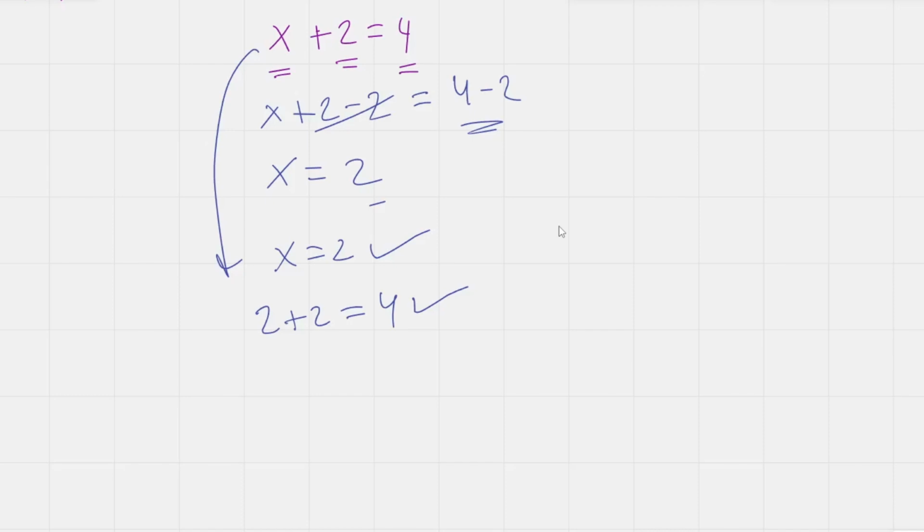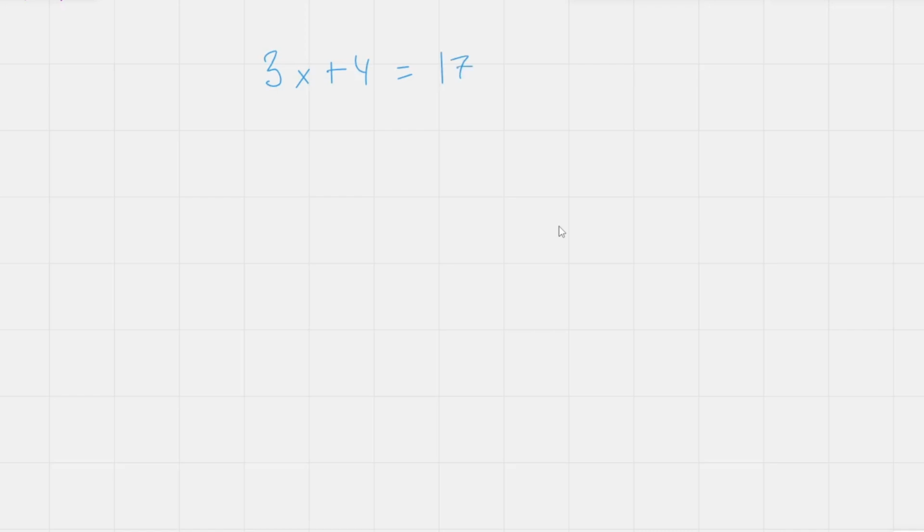Okay, now let's do a more difficult question involving more steps. Let's say we had 3x plus 4 is equal to 17 plus 2.